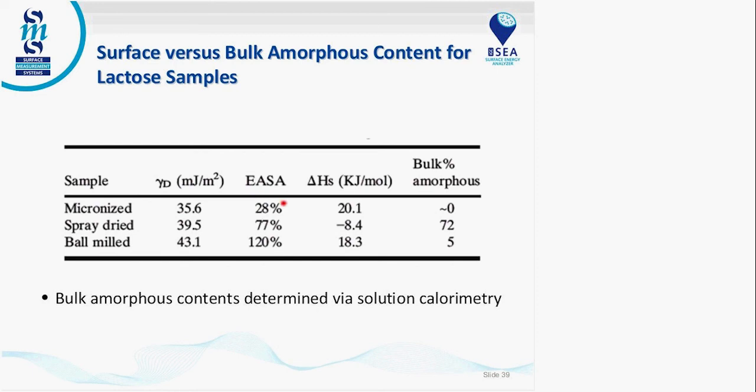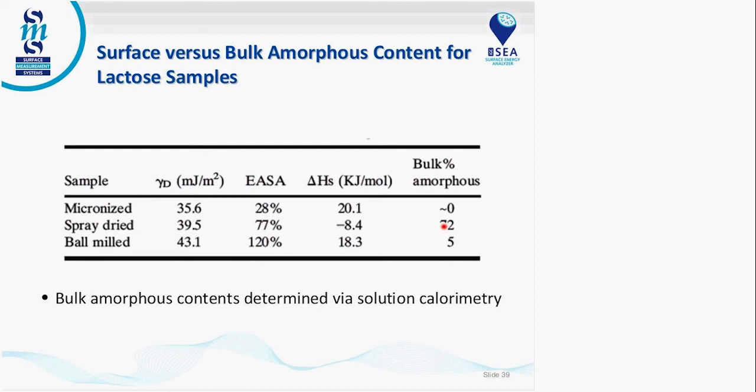That's why you see around a 30% amorphous fraction by inverse GC, but almost zero by solution calorimetry. For the spray dried, where you would expect the amorphous fraction to be more evenly distributed throughout the particle, we see around 77% for surface energy and around 72% for solution calorimetry.